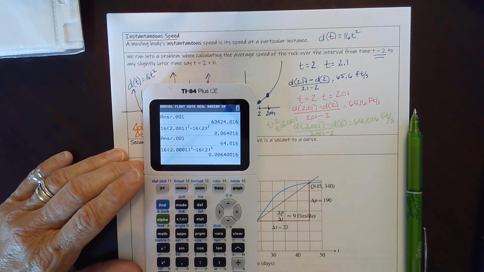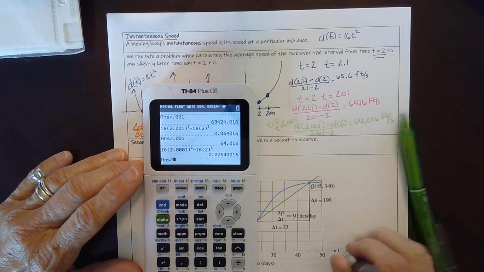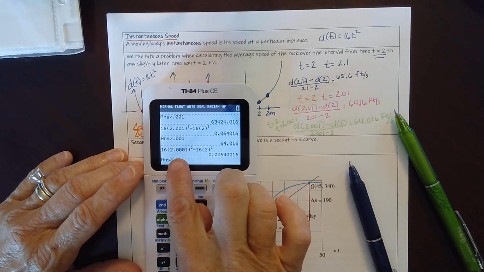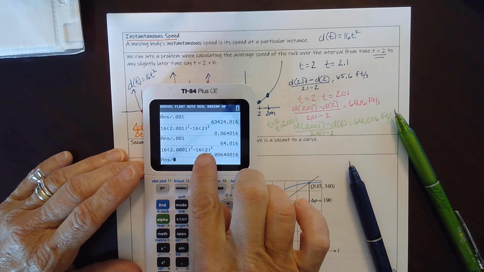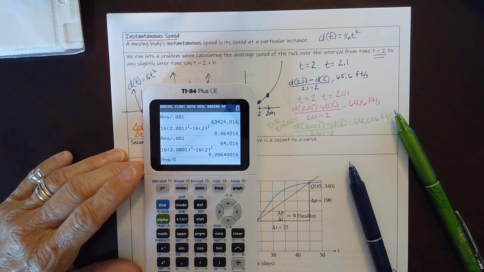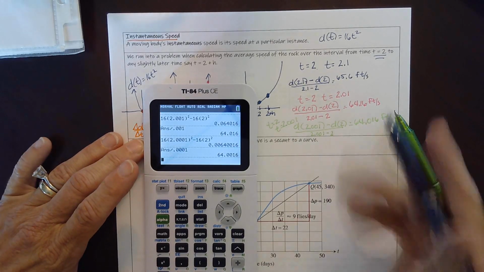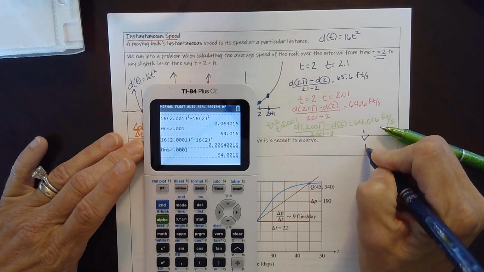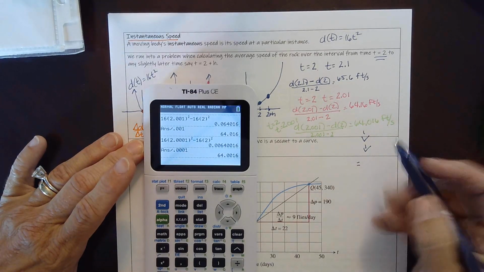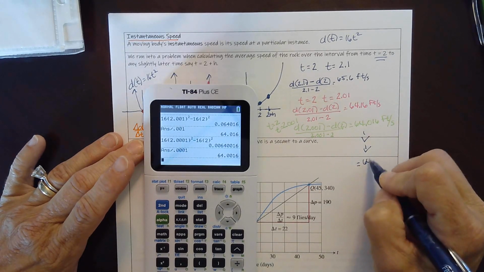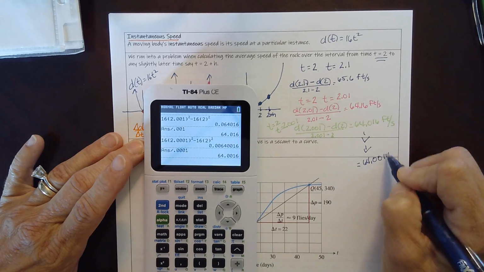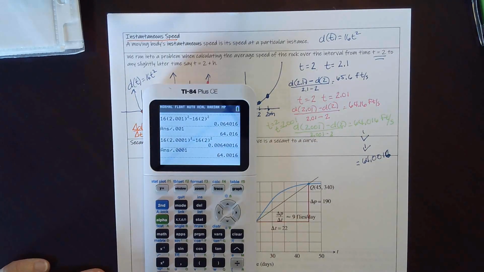Now let's talk about what we need to divide by. This time I would be subtracting the 2.001 minus the 2, and the difference would leave me with 0.0001, and I will press enter. So looking at these values, if I were to continue this, I would get another value that is 64.001, oops, not 4, but 6.